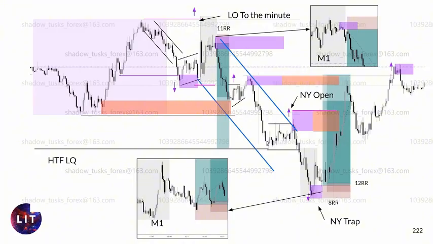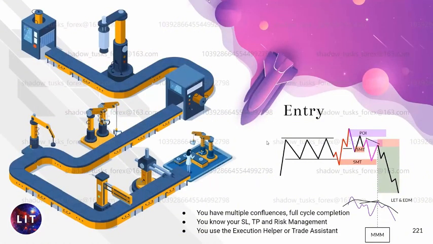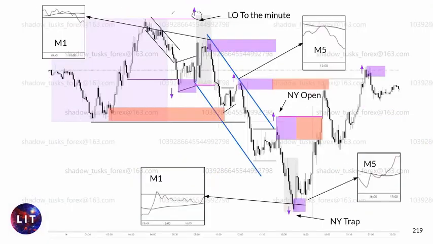So first off, we identify that we have had an inducement high with vector candles at New York trap timing. Then we also have it at London open timing. So we know that we should be trading away from this. After we've had our inducement, what do we look for first on the entry helper?